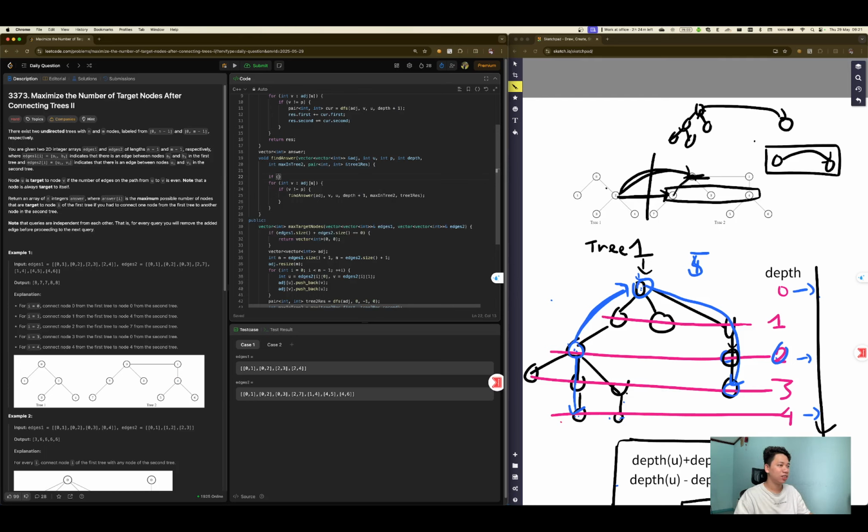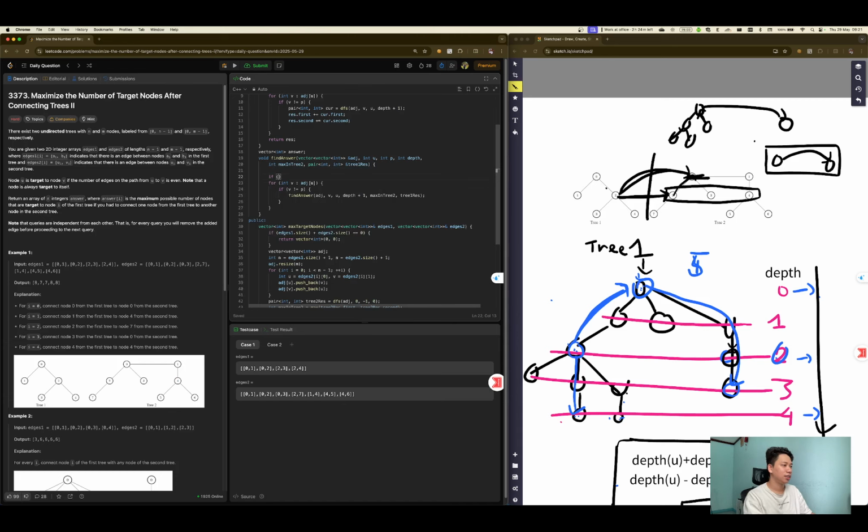Let's test another case, like we only have one edge on this and this one only has one edge too. And another case, this and this. So another case is 0, 1, and another like this and this.